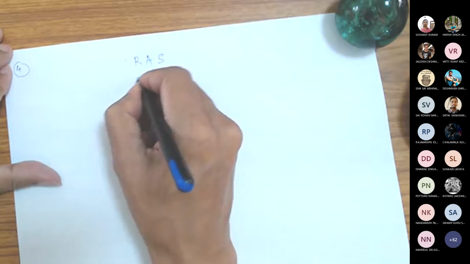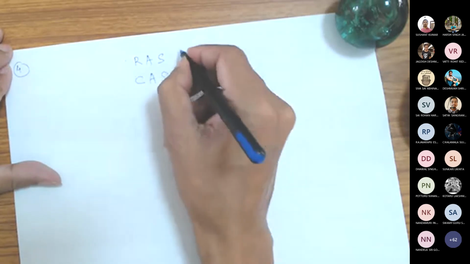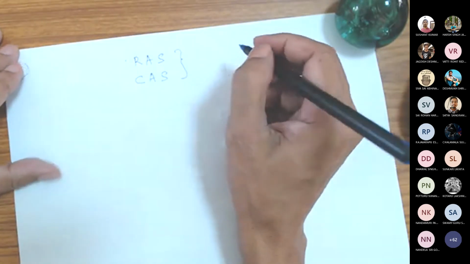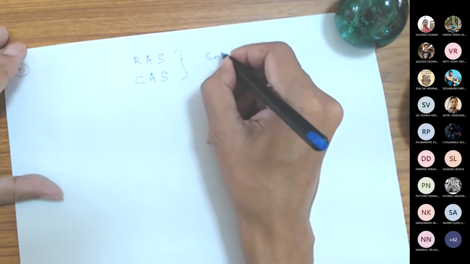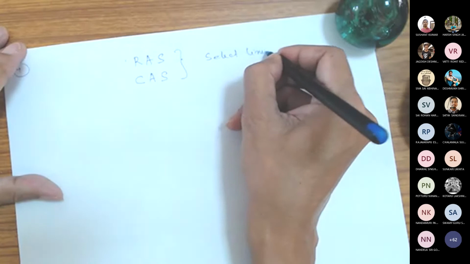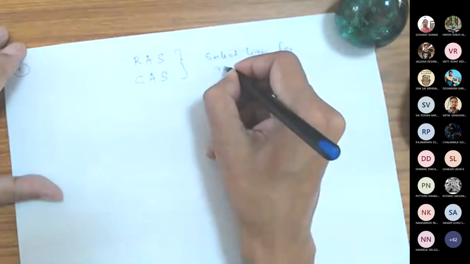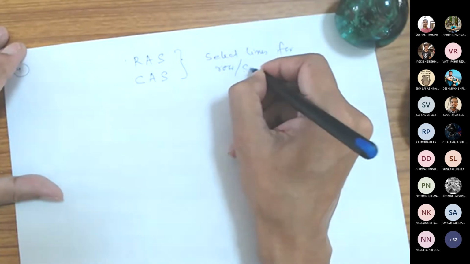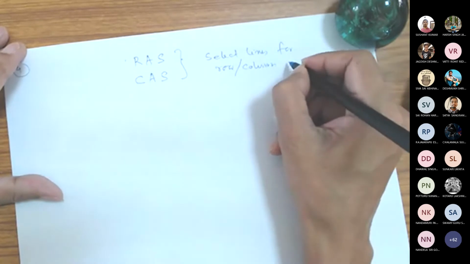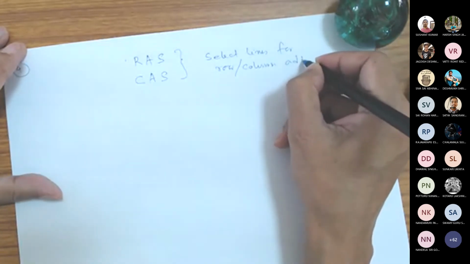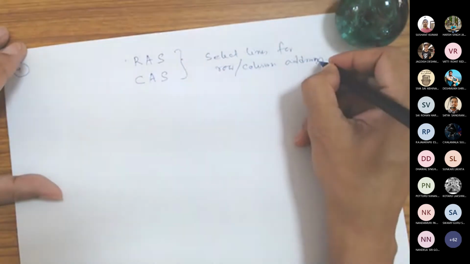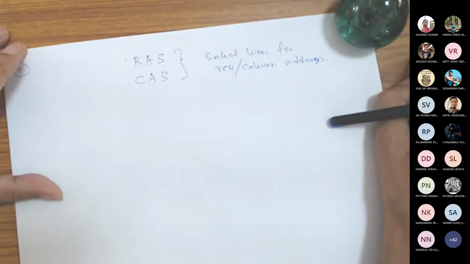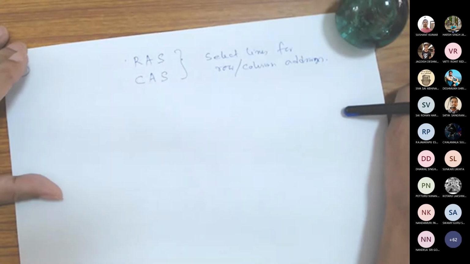RAS and CAS will come into picture now. These are select lines.